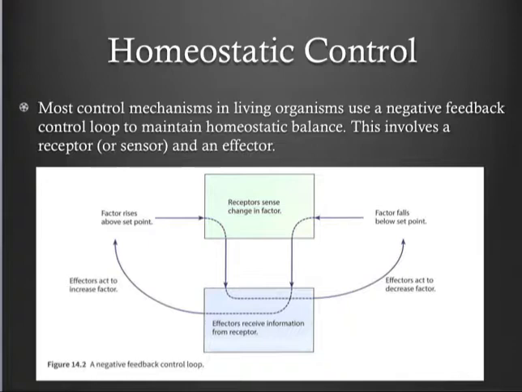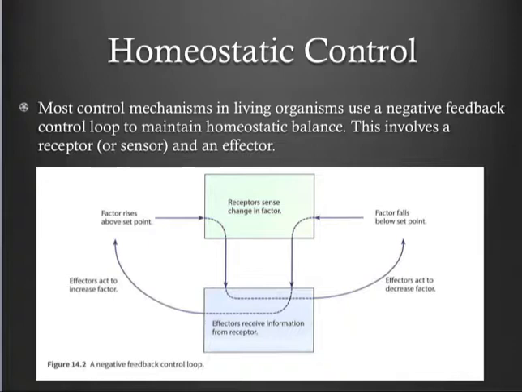So in these systems, an increase in the factor will result in something happening that makes the factor decrease, right? And similarly, if there is a decrease in the factor, then something happens to make it increase. Homeostatic mechanisms involve negative feedback as it minimizes the difference between the actual value of the factor and the ideal value or set point.